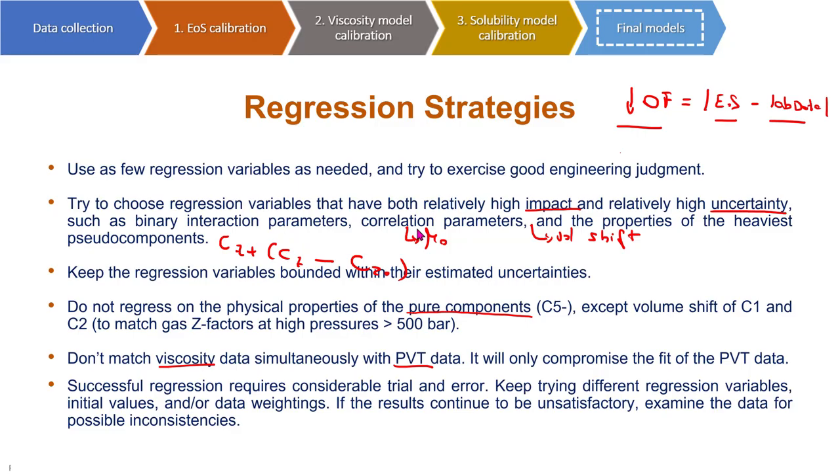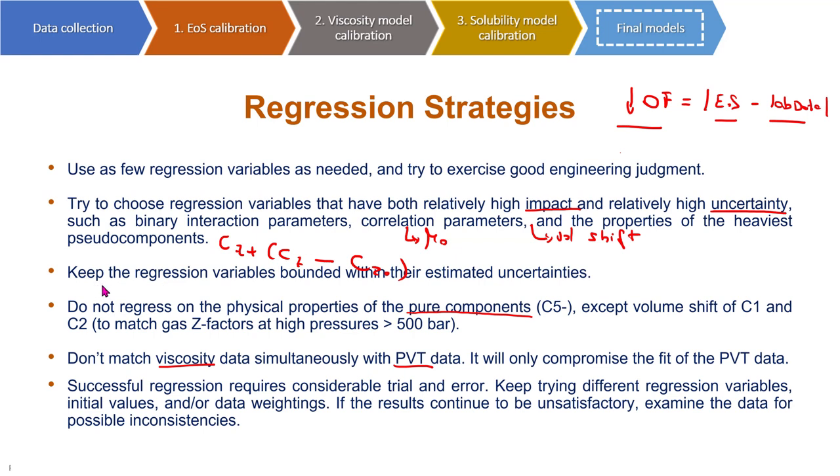The correlation parameters that control the prediction of the viscosity behavior, and the properties of the heaviest pseudo component in your mixture, because this component brings the highest uncertainty in your composition analysis. You have a lumping of components inside a single component, so only a single set of properties is used to characterize all those components, including this lump component. Okay, so this is the most important parameter for us.